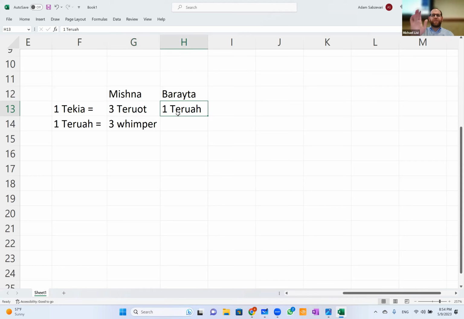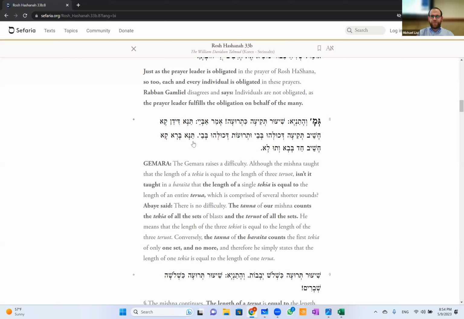That's the same as what the Braita says. So right now, the Gemara wants to say that everyone agrees the Tekiah is the same as the Teruah. Fine. But look at this. One more time, I'll read the answer. Abaye says, Tana Didan, the author of the Mishnah, Kachashiv Tekiah Teruah Baveh. He is saying, look at all of the Tekiyot, all three of them, and the Teruot of all of them.